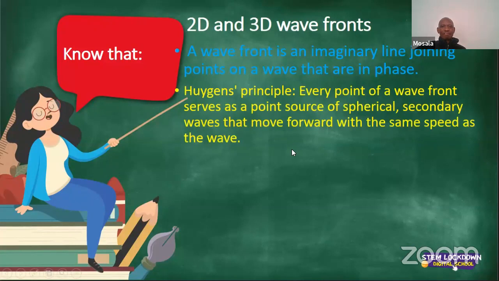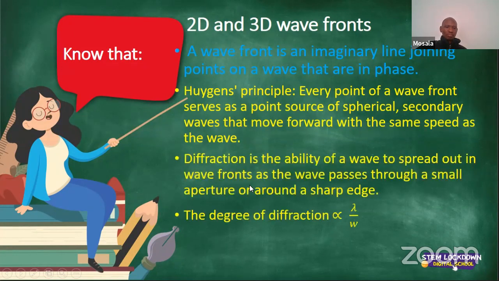It says that every point on a wavefront serves as a source of a spherical secondary wave that moves forward at the same speed as the wave. So that is Huygens' principle.